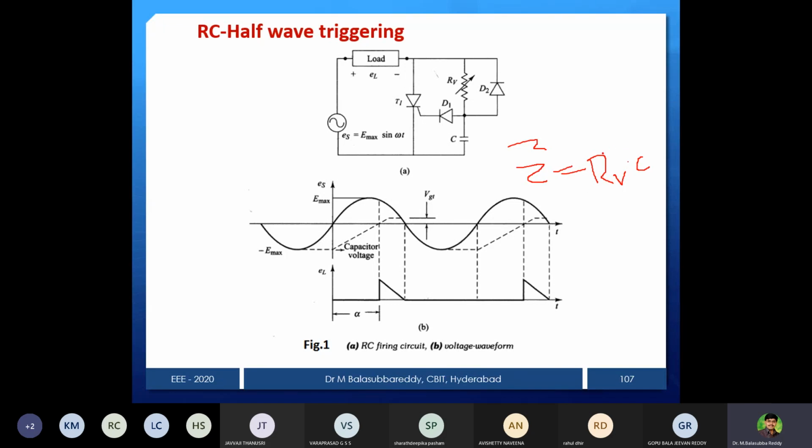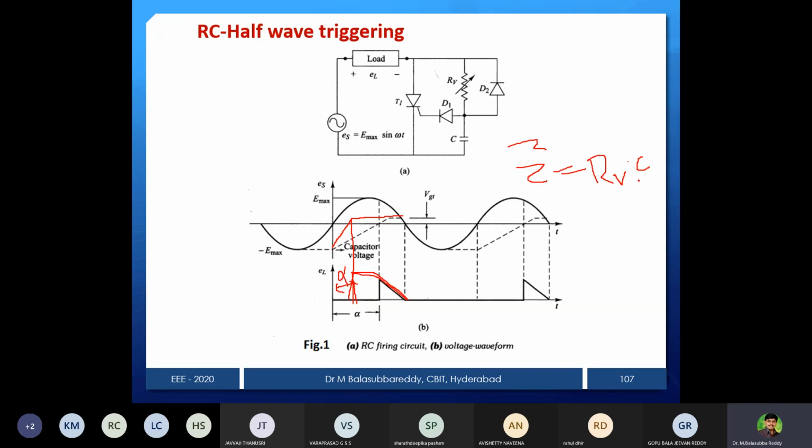So if I keep a less value of RV, then what will happen? To reach VGT, it will take less time. Now we'll get it like this. Here it will start conducting. Now this is your output, and your alpha will be only this much. Why this much less?